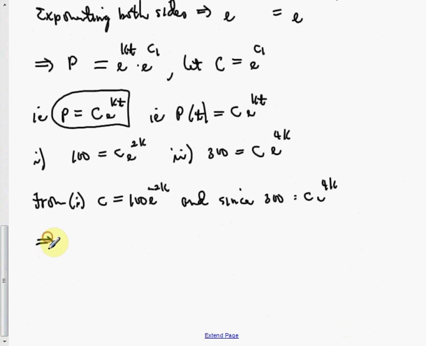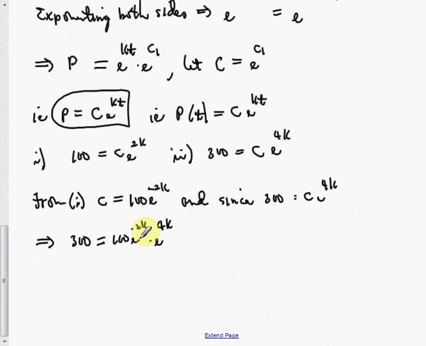We say that this implies then that 300 is equal to C, but C is 100 times e to the negative 2K, times here e to the 4K.